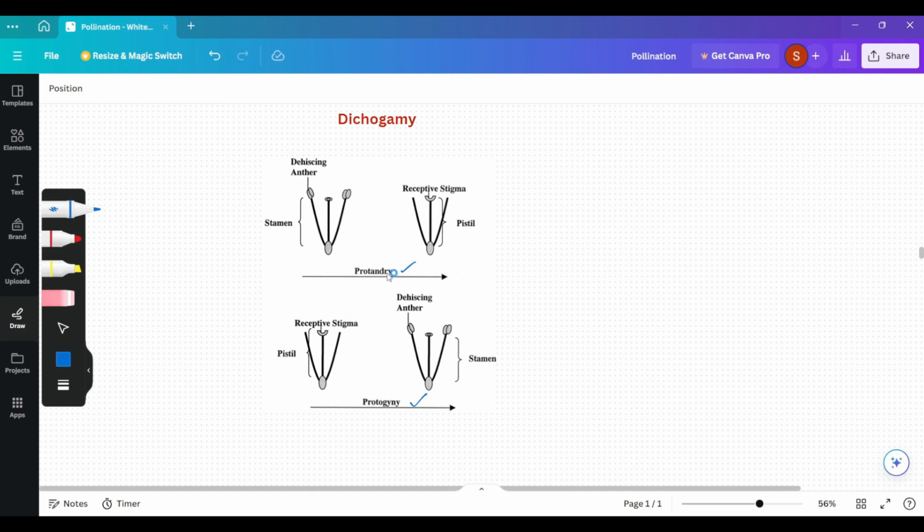So protandry is the condition where the androecium or the stamen matures early, before the stigma becomes receptive. Protogyny is the condition the other way around, where the stigma becomes receptive earlier, before the stamens mature.